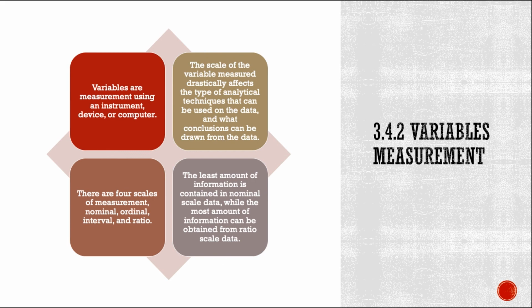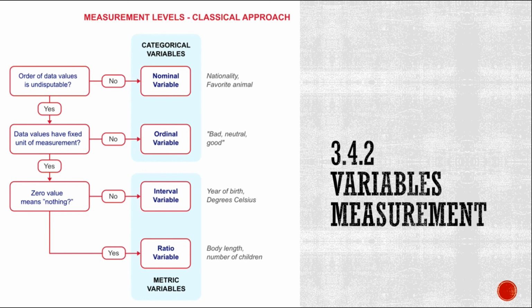So before you start, you have to measure your variables. What do I mean by that? Let me give you an example. When you want to measure your variable, is the order of the data values important or not? For example, the numbers on players' jerseys. That number doesn't have any meaning, right?